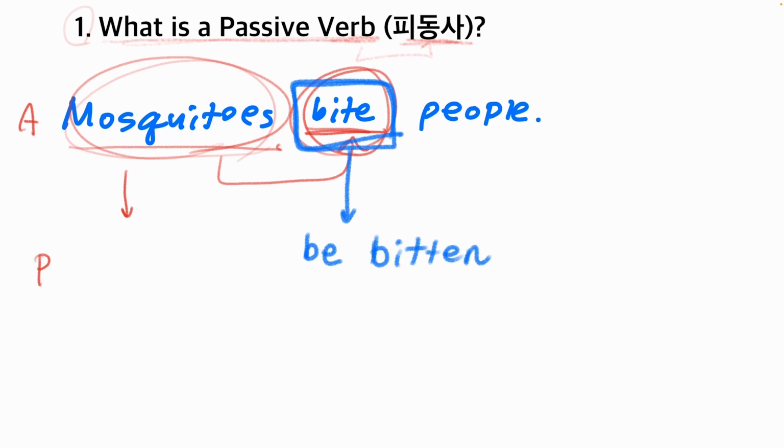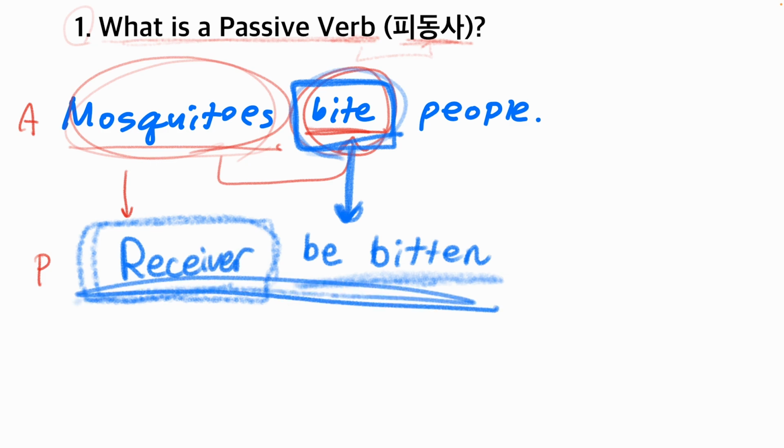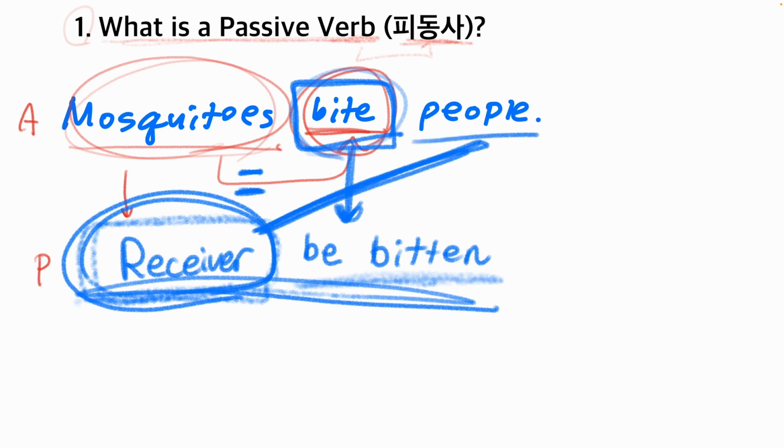And after you switch the verb to a passive verb, since the passive verb indicates that the subject is not the actor of the action, but the receiver of the action, for this sentence to mean the exact same thing as the first sentence, the subject should be switched to people, right? Because people is the one that received biting from mosquitoes, right?